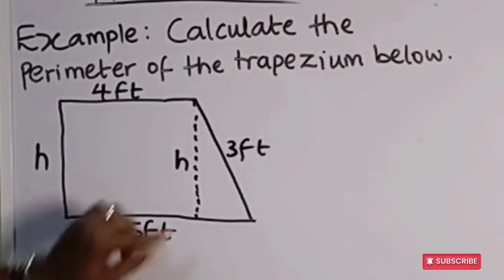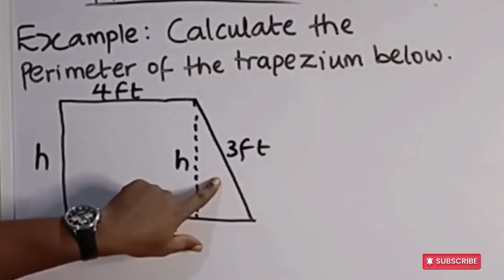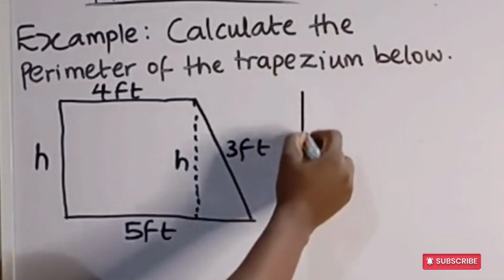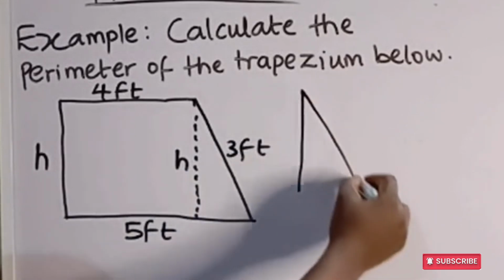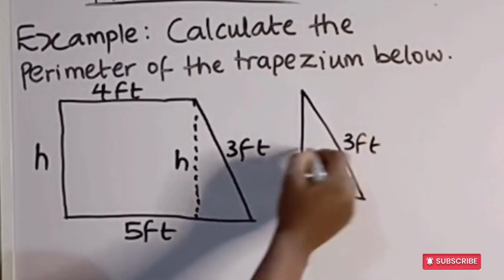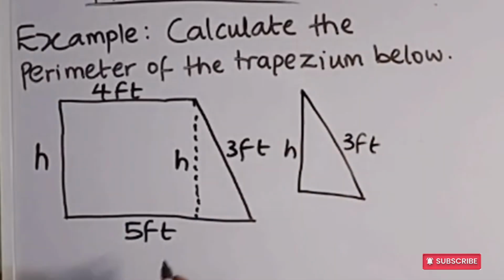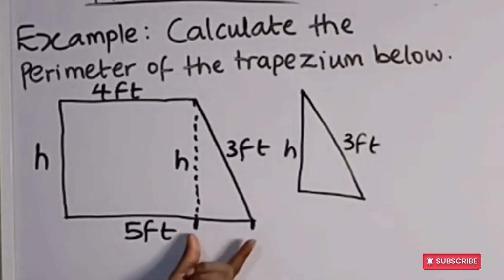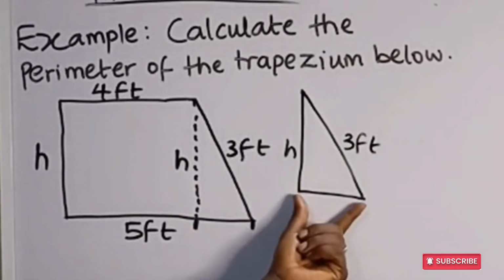So now I can consider this triangle, because we can use Pythagoras theorem to solve this. So let's draw the triangle here. Here is 3 feet. Here is h. Does anybody know the distance from here to here? Because that's what we're going to put here.